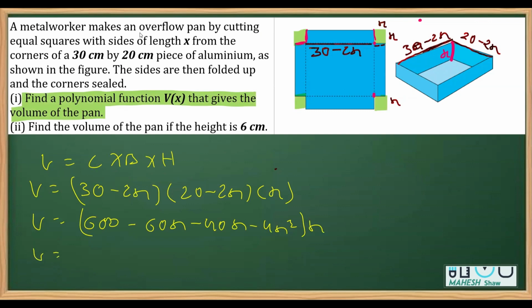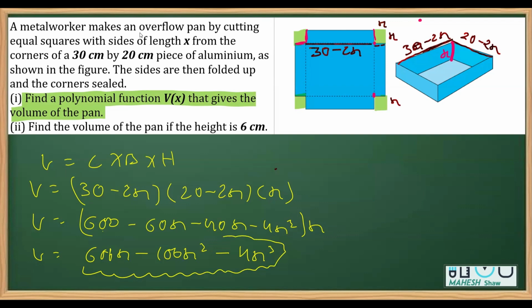So the volume is going to be 600x, minus 60 minus 40 is minus 100, so minus 100x square, and plus 4x cube.